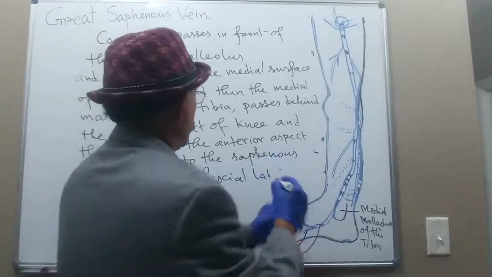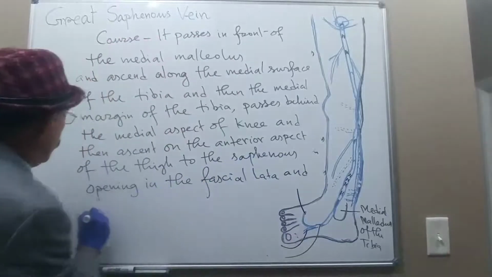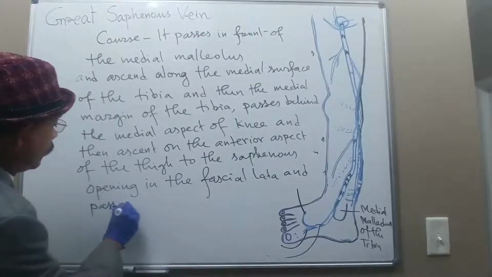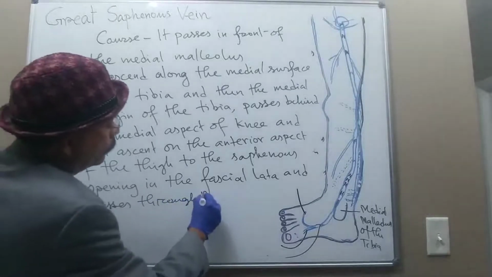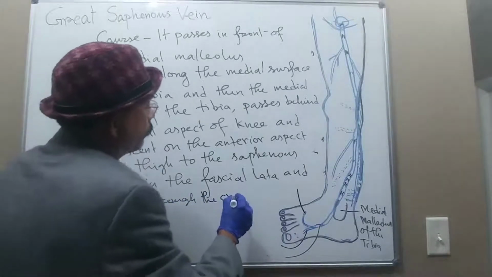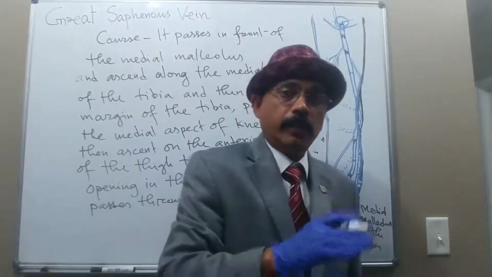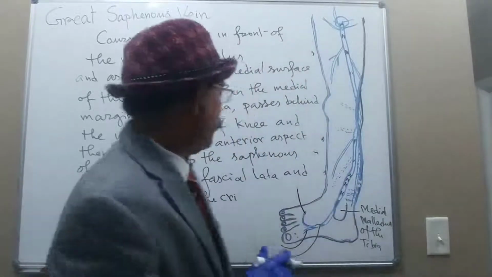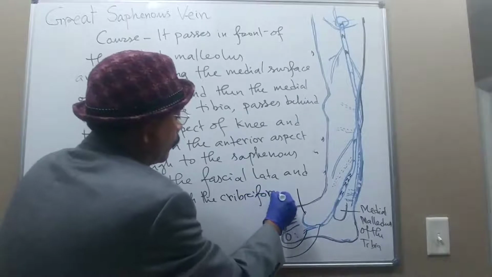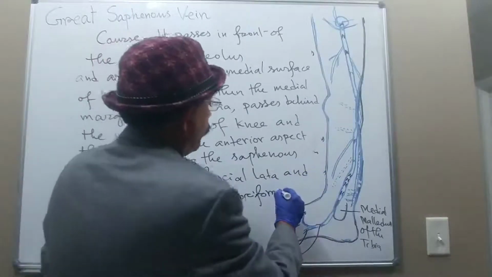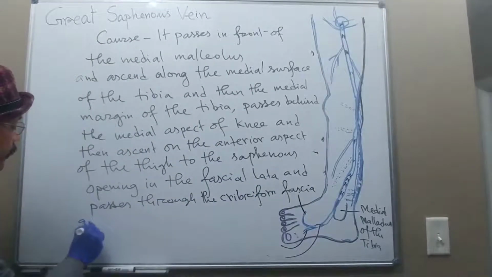Okay, and passes through the cribriform fascia, that is covering the gap in the fascia lata, in the saphenous opening, and opens into the femoral vein.